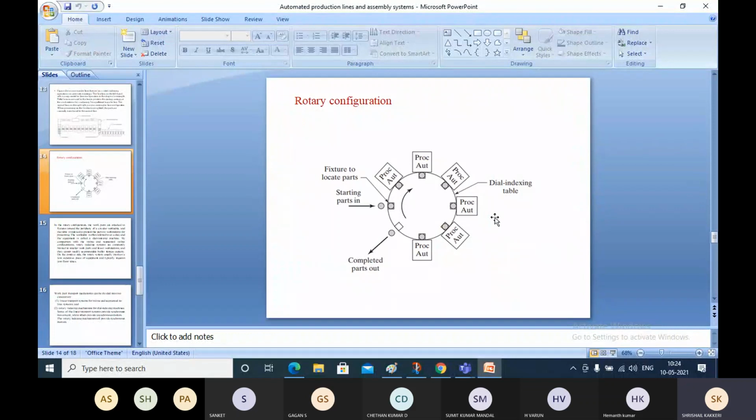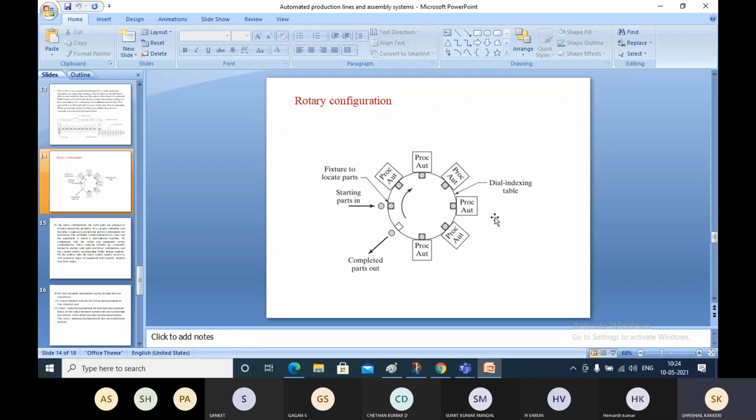Please remember how to write about the dialing systems. The rotary configuration systems are often used in industries that have very little working space, where a limited number of workstations are required, and where we are going to process very small components.